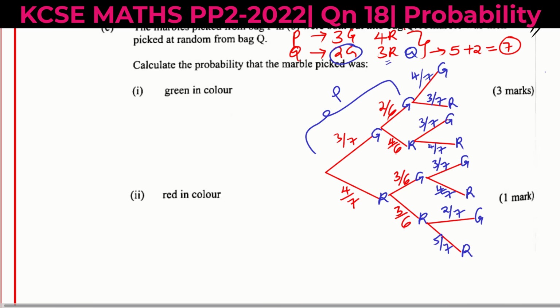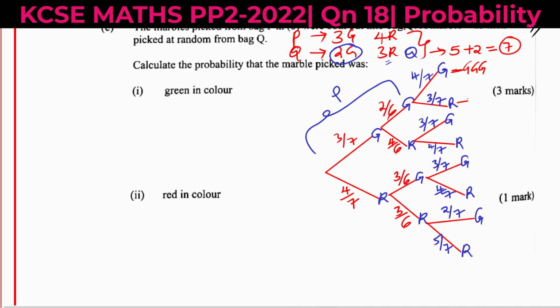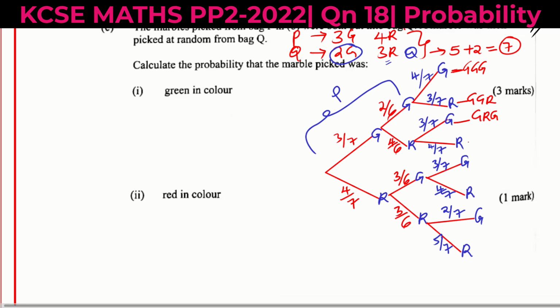Then from there you can complete these. So the first branch here, you have green, green, green, green. Then this one will be green, green, red, and then we have green, red, green, green, red, green, and the other one green, red, red.